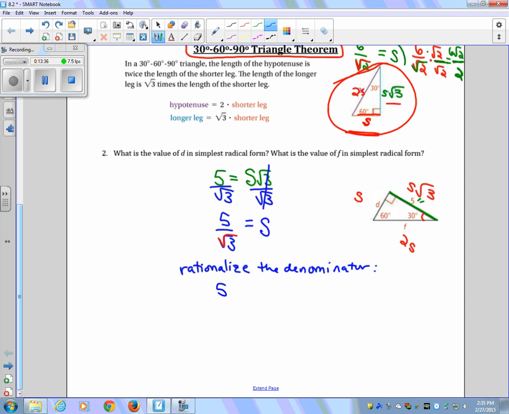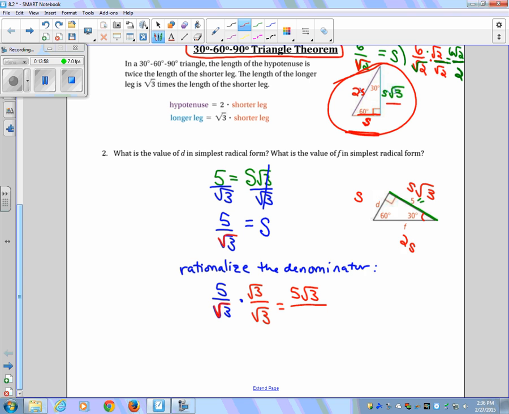You're going to take 5 over the square root of 3, and you're going to multiply top and bottom by whatever the denominator is. So you're going to multiply the top by the square root of 3 and the bottom by the square root of 3. So 5 times the square root of 3 on the top just looks like that.